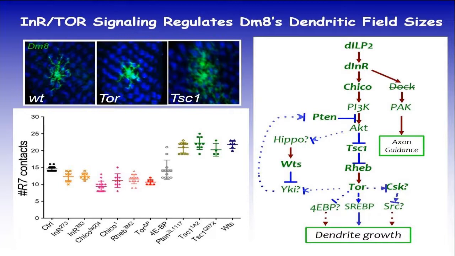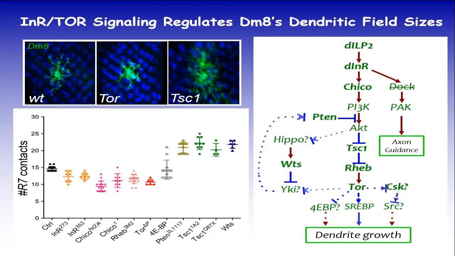Many of you might already know that, similar to vertebrates, in Drosophila the insulin receptor, once it binds to insulin-like growth factors or insulin, becomes phosphorylated and induces the membrane association of the adaptor protein Chico.